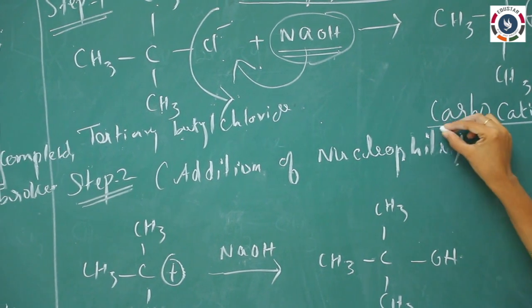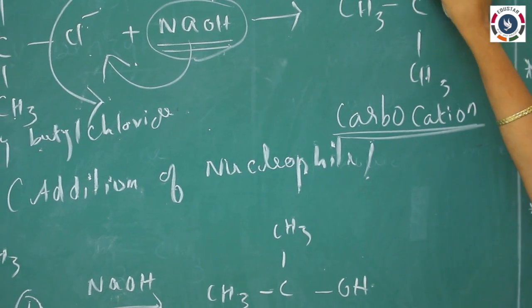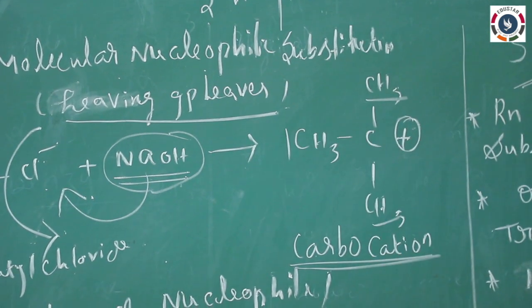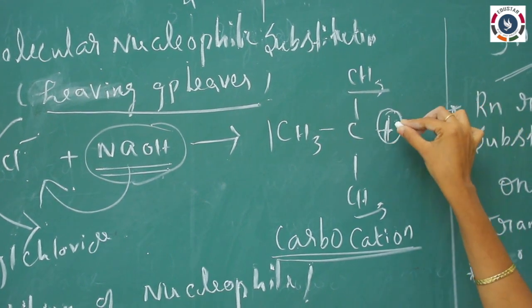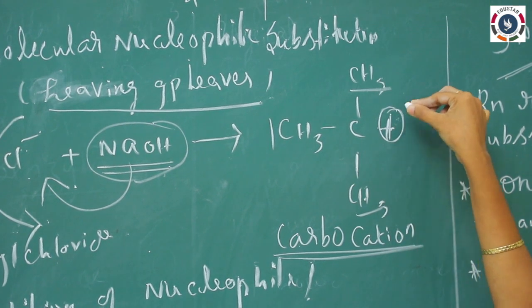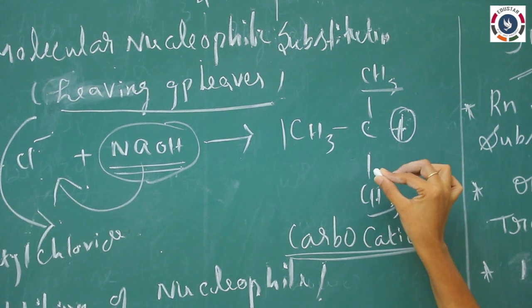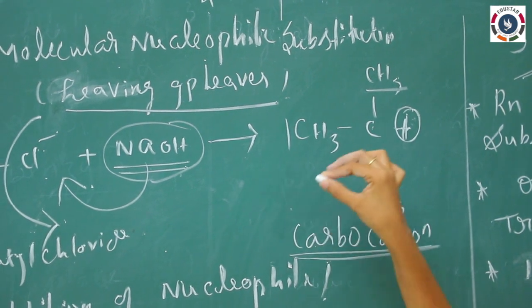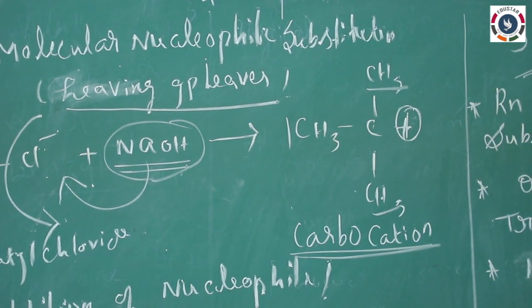So this carbocation is of course stabilized by the methyl groups present at the corners. So usually whenever there is a stabilization of the positive charge over the carbon atom, those compounds will tend to prefer to react in the unimolecular nucleophilic substitution reaction.